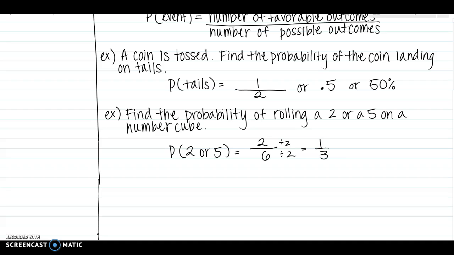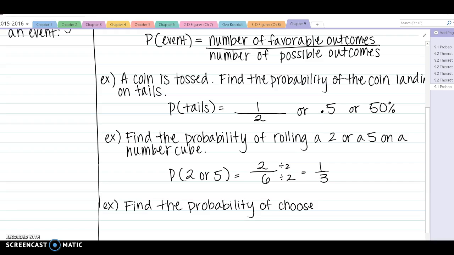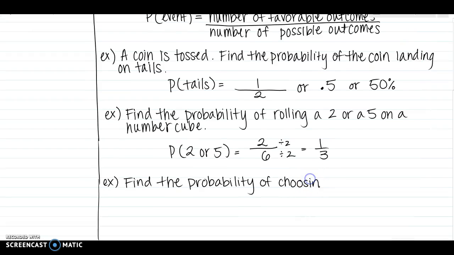Taking it up one more notch, we can talk about what happens when there's multiple options within the probability question. So for example, our probability question says, find the probability of choosing a red card.